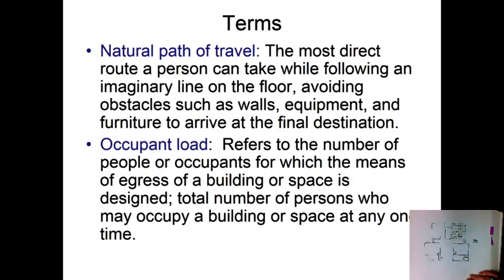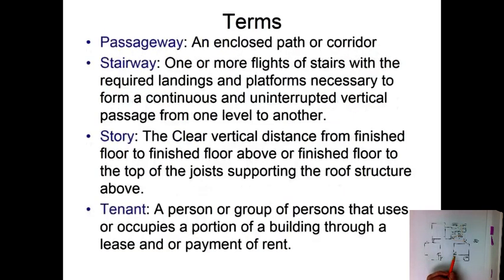Occupant load refers to the number of people or occupants for which the means of egress of a building or space is designed. Total number of persons who may occupy a building or space at any one time. We've learned of occupant load last session, so this is just a little refresher. Passageway, an enclosed path or corridor.